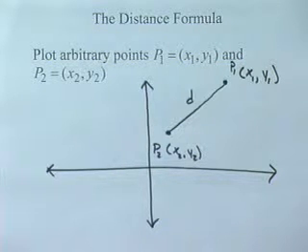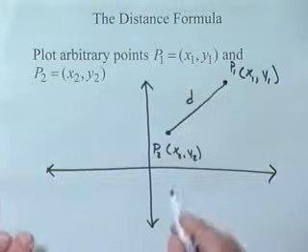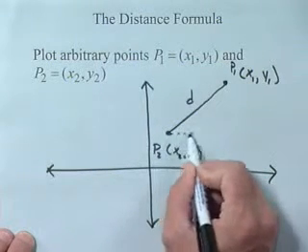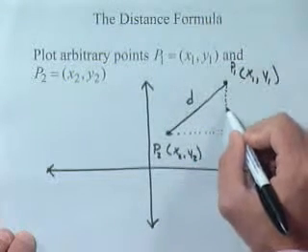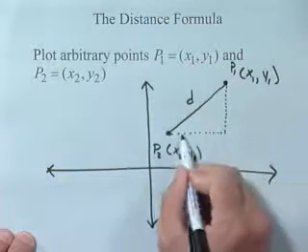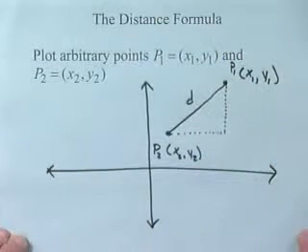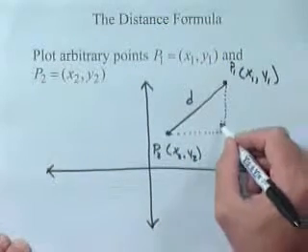Well, it might look a little complicated, but it's really not. If you know the Pythagorean theorem, we can certainly use the Pythagorean theorem to help us find the distance. So what I'm going to do is draw some dotted lines straight down from this point, straight across from this point, and notice I'm forming a right triangle.